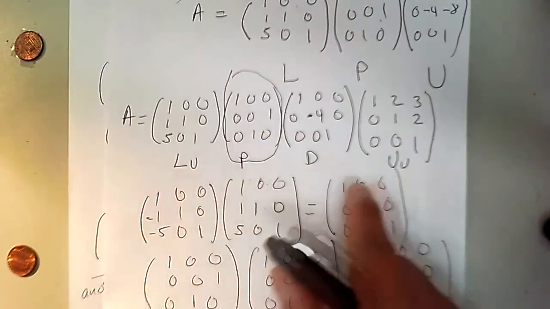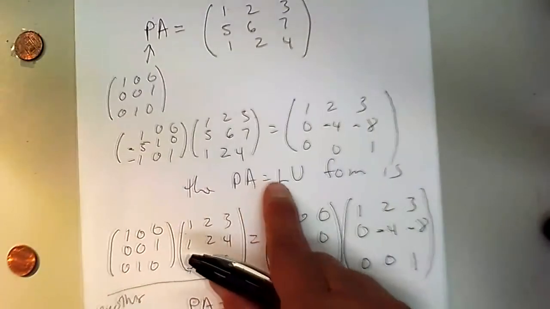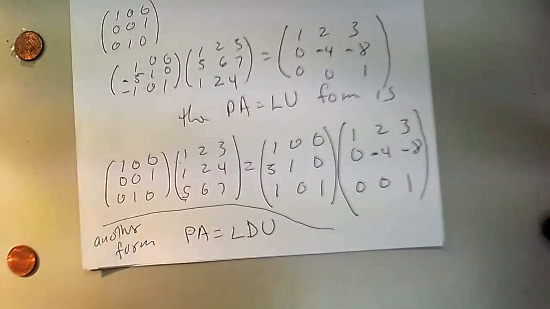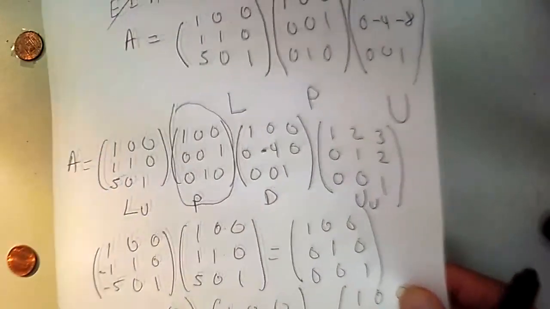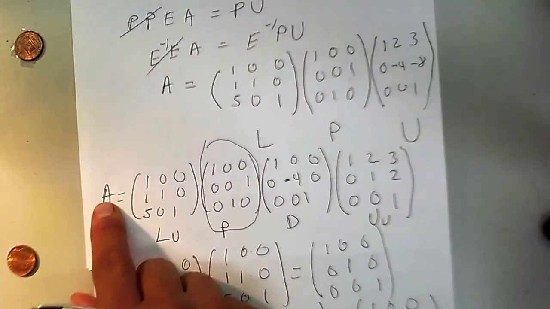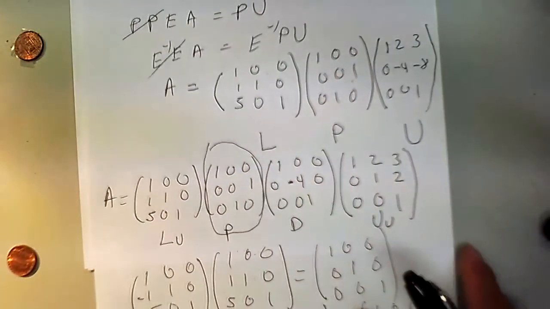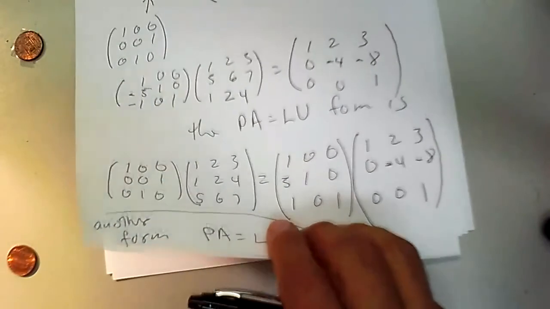Just put L and U. Or PA equals LU, or PA equals LDU. I suppose we can have A equals just LU, but in that case, we wouldn't need a permutation. All right, so all of this is about factoring.